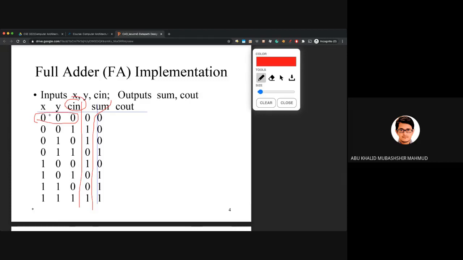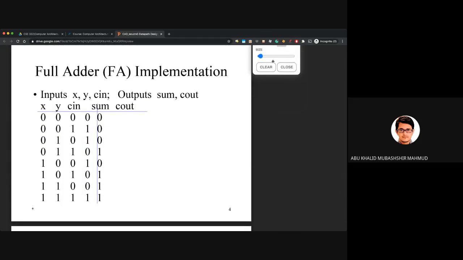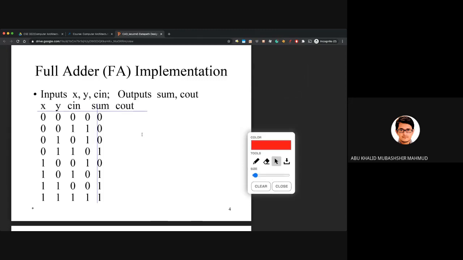When we add these values, we get all zeros, so the sum is 0 and the carry output is also 0, and so on. I have already told you about this. So the result, carry and sum, are both 1. This is all about the full adder truth table. I think you are quite familiar with this. So let's move on forward.